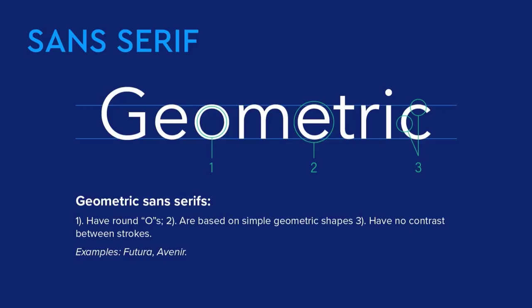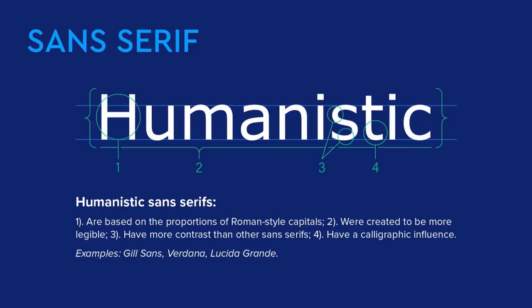Another subcategory of sans serif is what we call humanistic. What we highlight in number one is based on proportional Roman-style capitals. All the places highlighted as number two were created to be more legible.